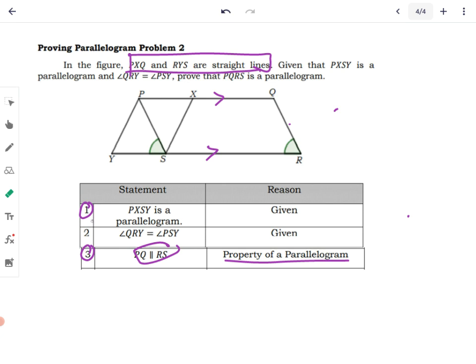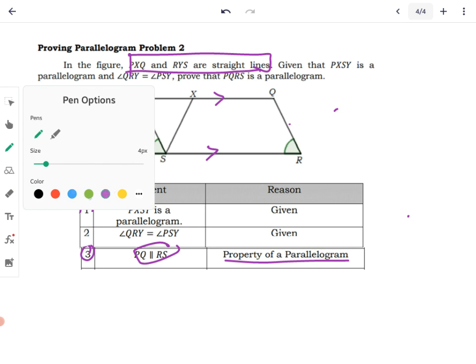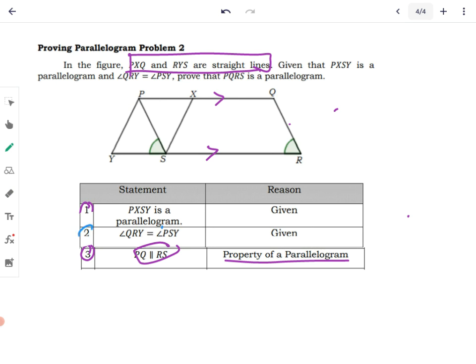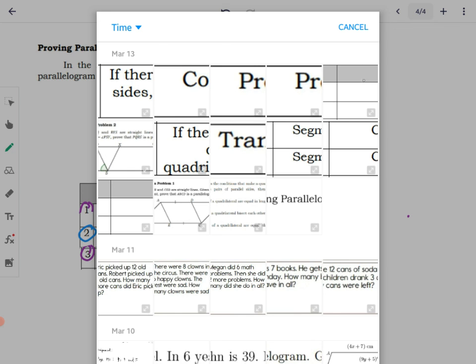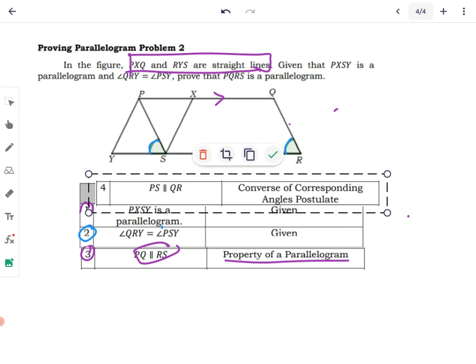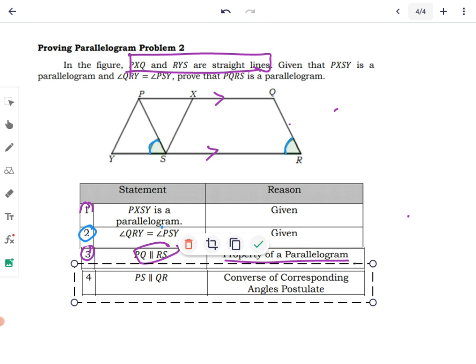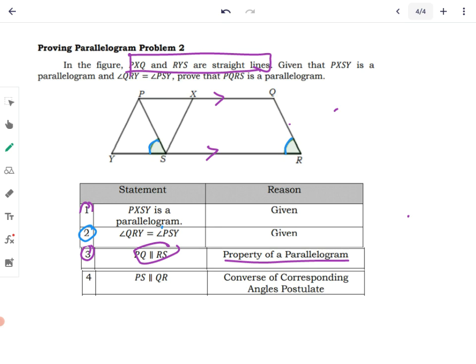So what other things can we conclude? Using number 2, what do you think? What can we conclude? What's the use of this number 2? We have number 4 statement. Because of number 2, we can conclude that PS and QR are parallel.